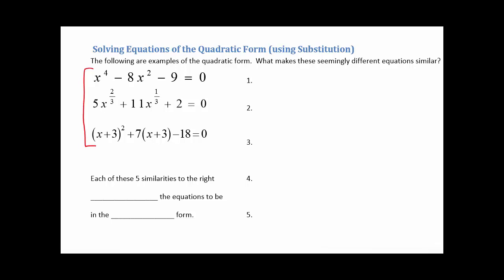Okay, so hopefully you had a chance to look. One of the first things that students point out is that in each case, it is some sort of expression equal to 0. Then they all point out that there are 3 terms in each case.